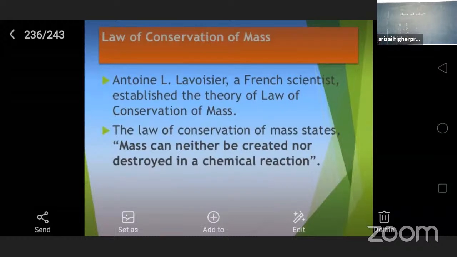Here, what does the first law state? The law of conservation of mass states that mass can neither be created nor destroyed in a chemical reaction. For example, hydrogen plus oxygen gives rise to what, student? H2O.